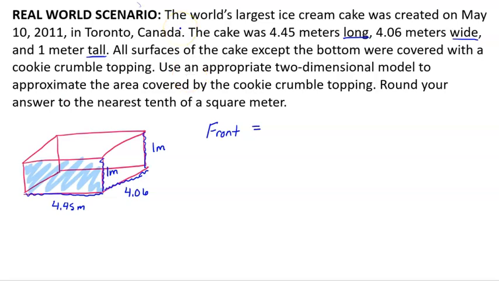And so that's going to be 4.45, and then it's times 1, so it's just going to be meters squared, okay? And the back piece is also the same. So the front and the back piece are the same size. So between the front and the back, we're just going to take this and we're going to multiply it by 2.